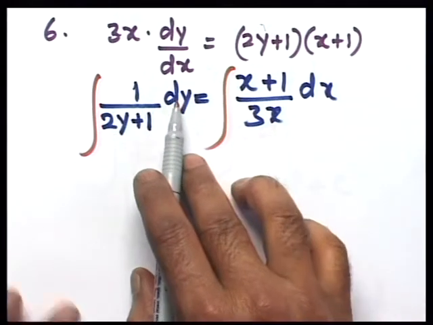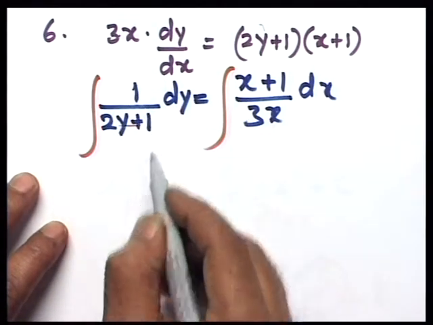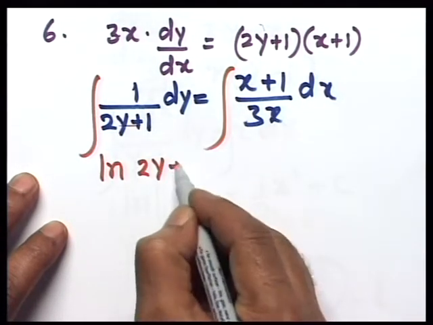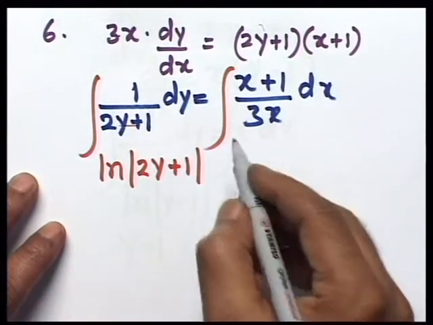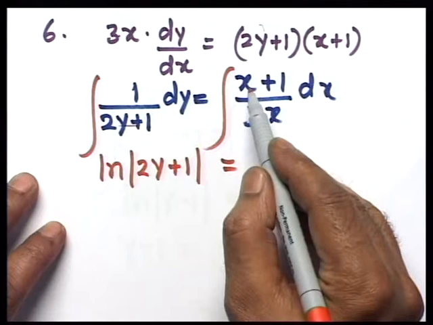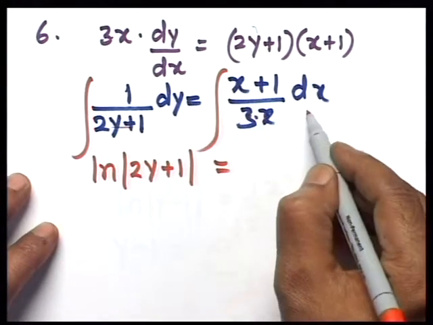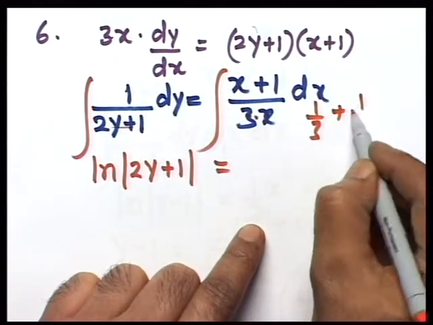That's with respect to y, with respect to x. 1 over something, there's no square or cube, so I can say that's natural log of 2y plus 1, isn't it? Equals x plus 1 over 3x. So let's split that. It's x over 3x, right? So it's 1/3 and plus 1 over 3x.